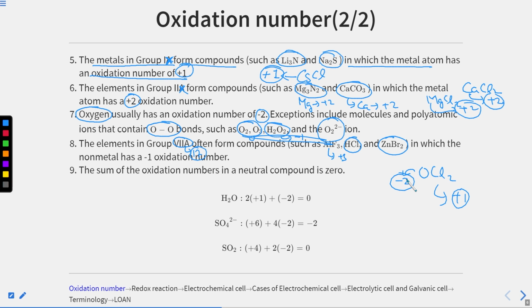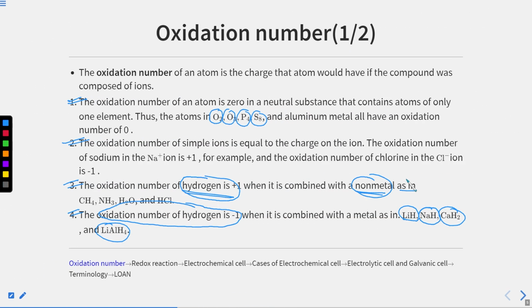The second rule was that if the compound is ionic, if it is composed of ions, then the oxidation number on each of these atoms will be equal to the charge. This was our second rule. What was our third rule? I forgot. The third rule says that if hydrogen is present, and it is combined with a metal, then it will have a charge of -1.